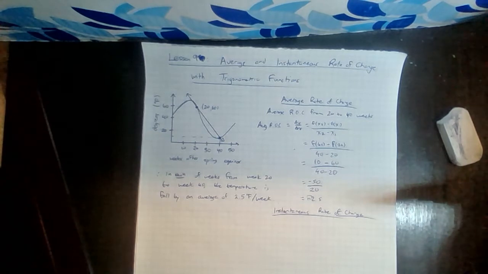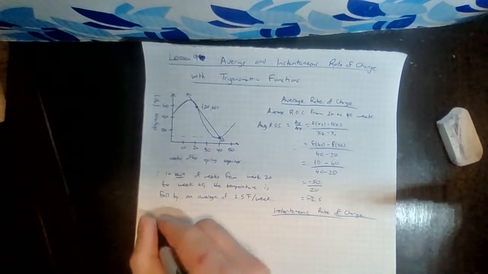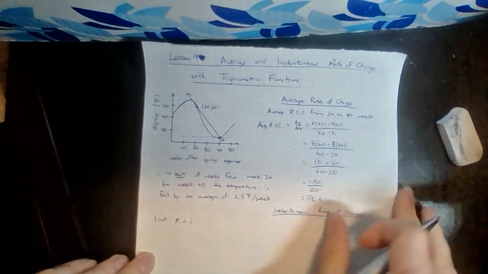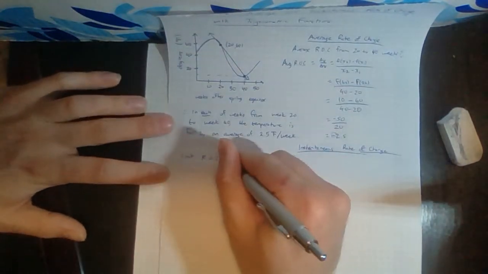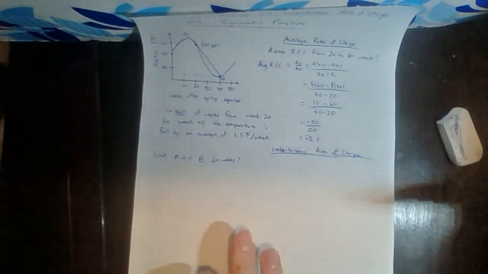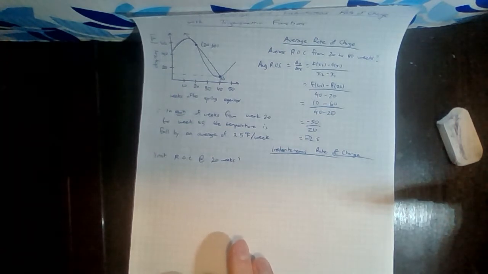So average rate of change really is just a slope between two points. Instantaneous rate of change. So we're going to look at what is the instantaneous rate of change at 20 weeks. We had mentioned there's two different ways that we can calculate instantaneous rate of change, depending on how accurate we want to be.